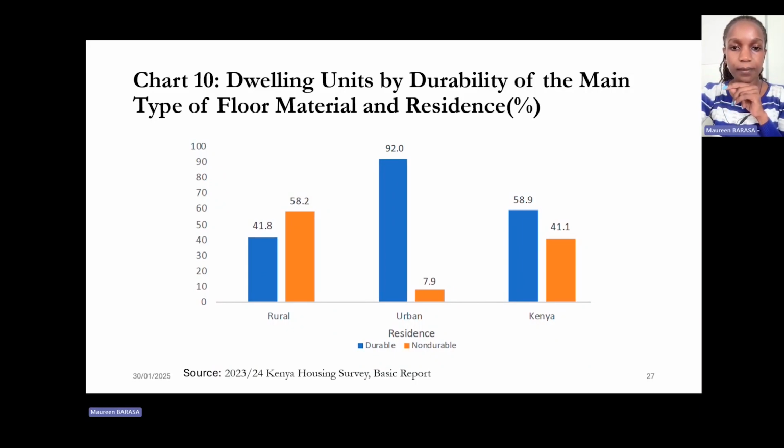And you can see the durable floor material in rural areas was below the national average. That is 41.8%, which is below the national average, 58.9%. So this points out the structure fitness, and also the fitness for habitation of households in rural areas.